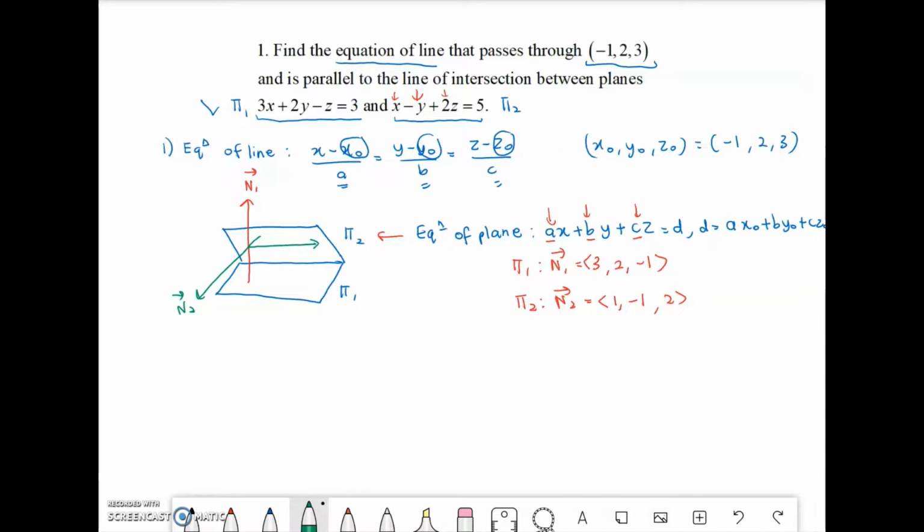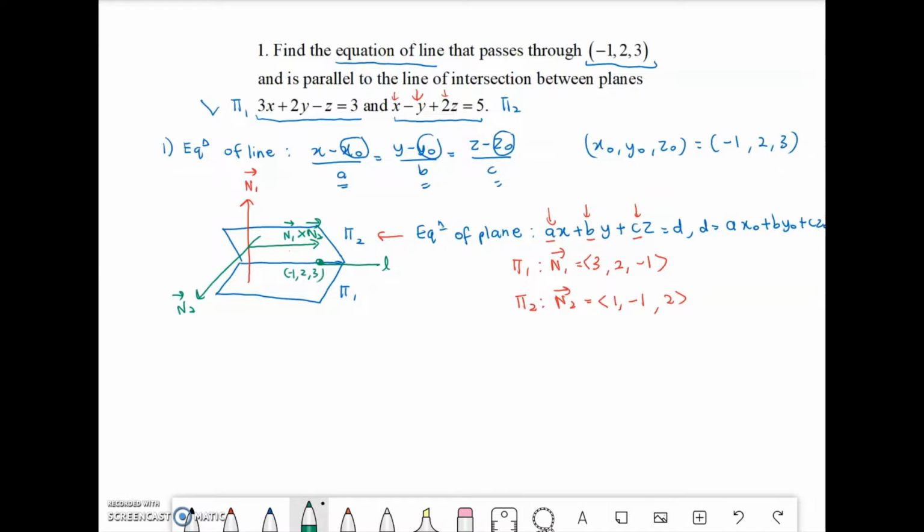And this vector also is parallel to this equation of line, where this line passes through the point -1, 2, 3.